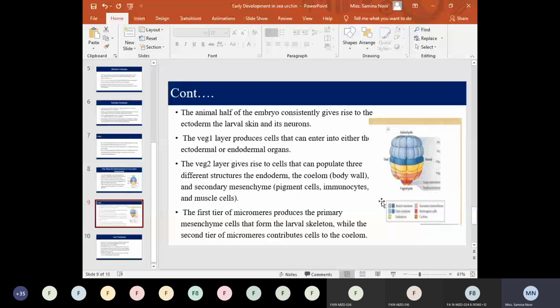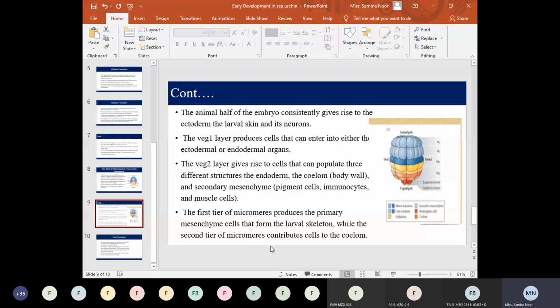The large micromeres in future produce the primary mesenchyme cells, which are also known as the skeletogenic mesenchyme cells. So what are the primary mesenchyme cells? Primary mesenchyme cells form the larval skeleton.